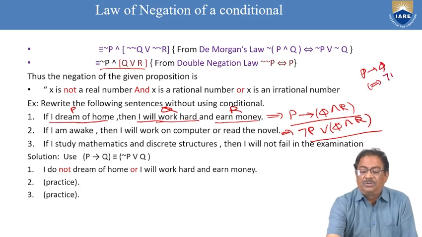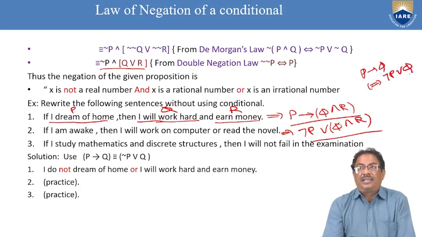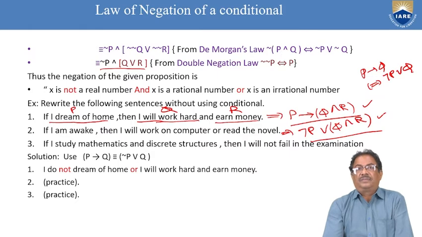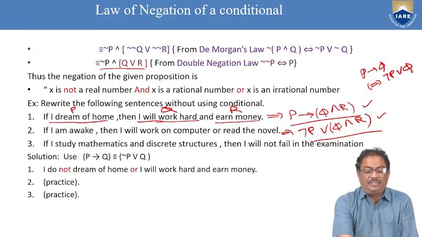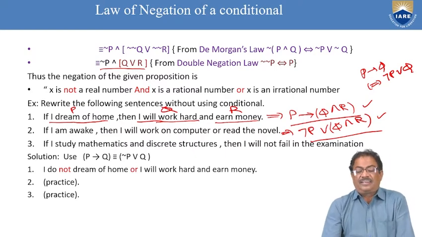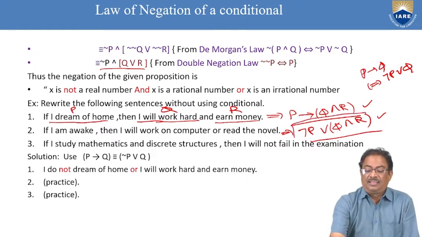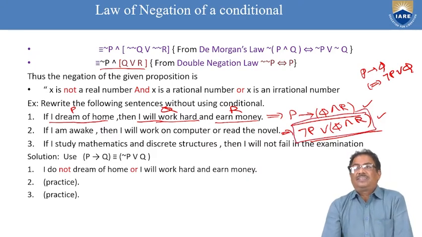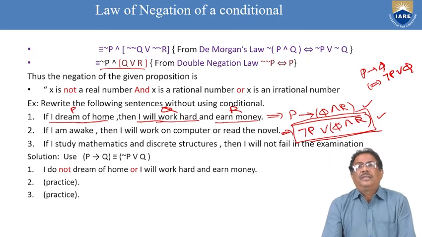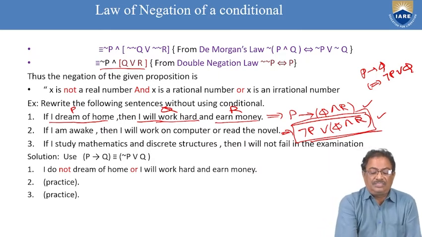It is equivalent to negation P or Q and R. So I just apply the conditional concept and remove the conditional. The given task is to rewrite the following sentences without using the conditional, so this is the final answer. Like that, we can do the remaining things. All of them use this concept only.